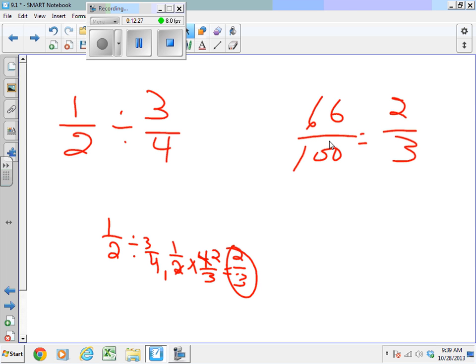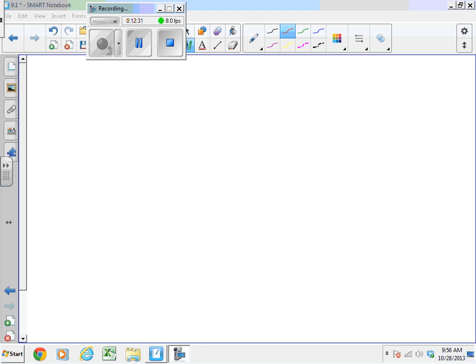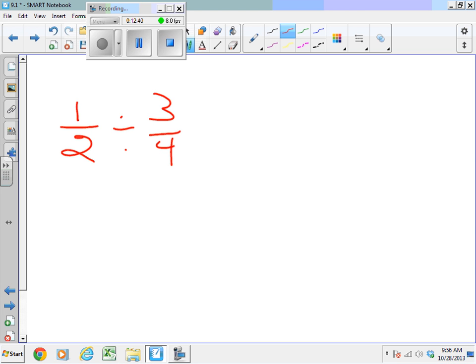Here we go again. The rule for dividing fractions is as follows. You might want to write this down. You use the reciprocal of the divisor, which is the opposite or inverse of the divisor.